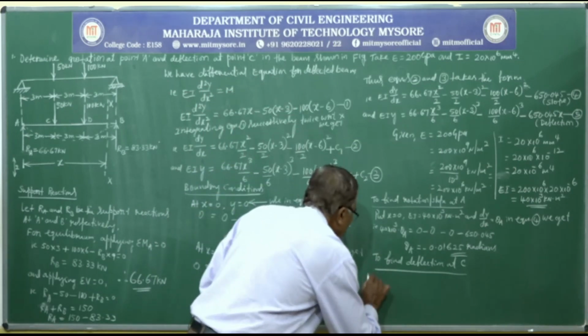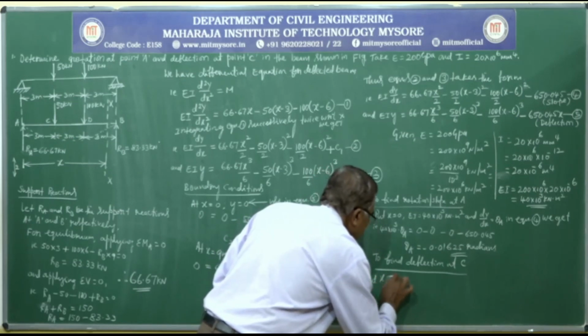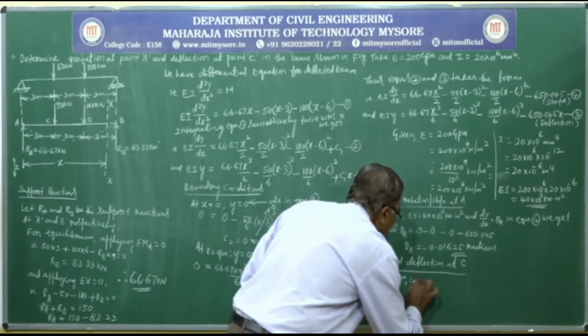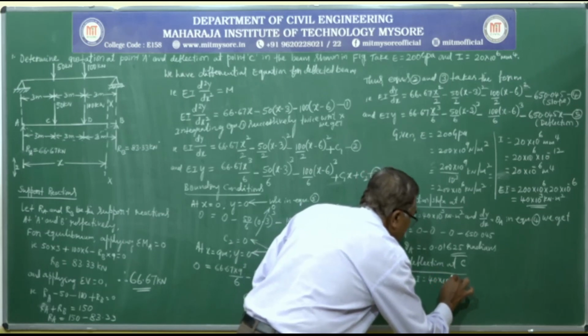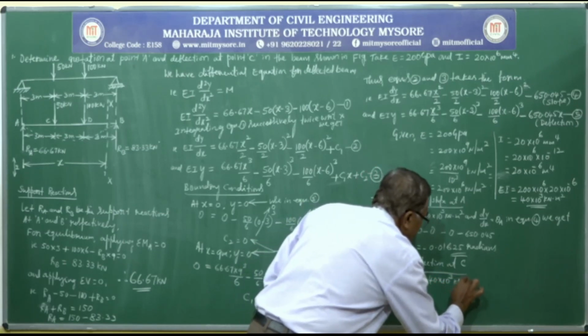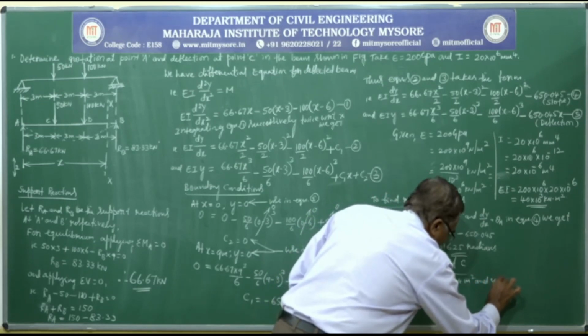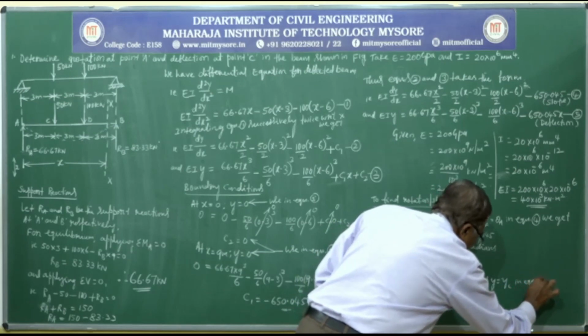Next, put x is equal to 3 meter, EI is equal to 40 into 10 power 3 kilonewton meter square, and y is equal to yc in equation 5.